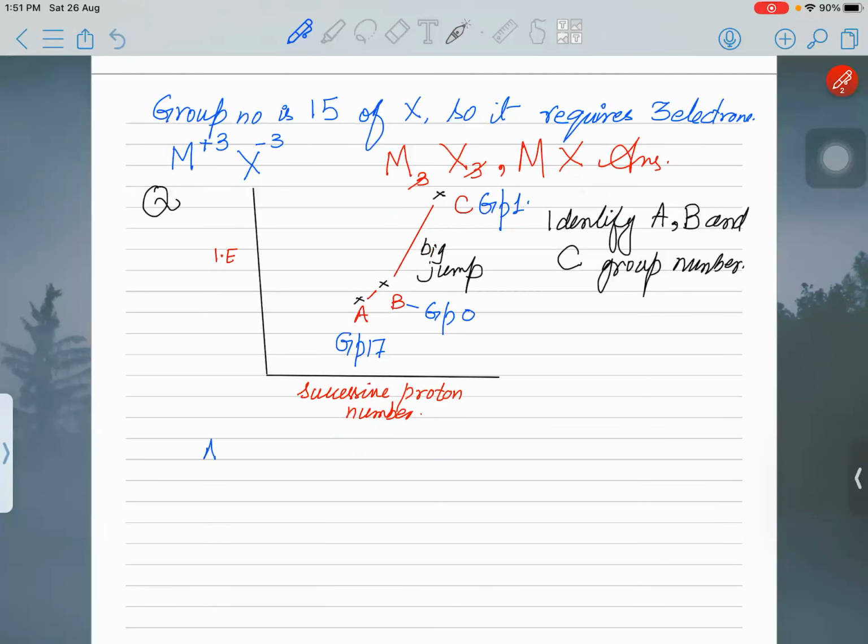Wait, could you repeat that, sir? Yes, A is group 17. B is group 0 or group 18. And C is group 1. Why?